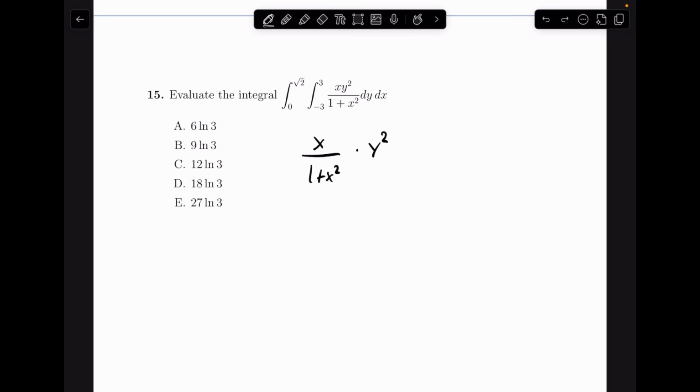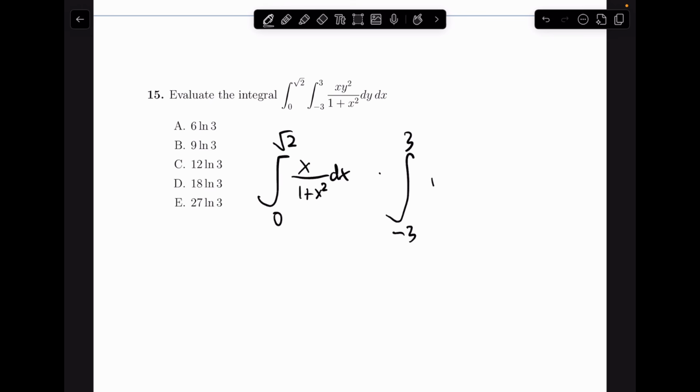So we can rewrite this as the integral from 0 to square root 2, and that's going to be our x integral. So we're just integrating x over 1 plus x squared dx times our y integral, which is not 0, my bad, which is negative 3 to 3 of y squared dy.